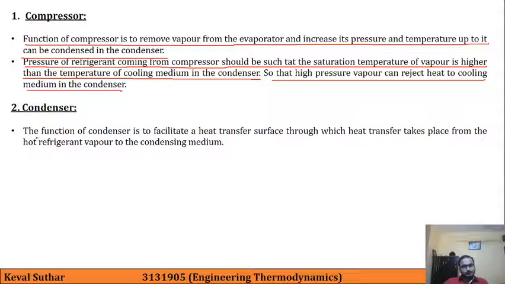Here the function of condenser is to facilitate a heat transfer surface through which the heat transfer takes place from the hot refrigerant vapor to the condensing medium. So there will be a heat rejection by hot refrigerant vapor to condensing medium. That will be generally cooling water.